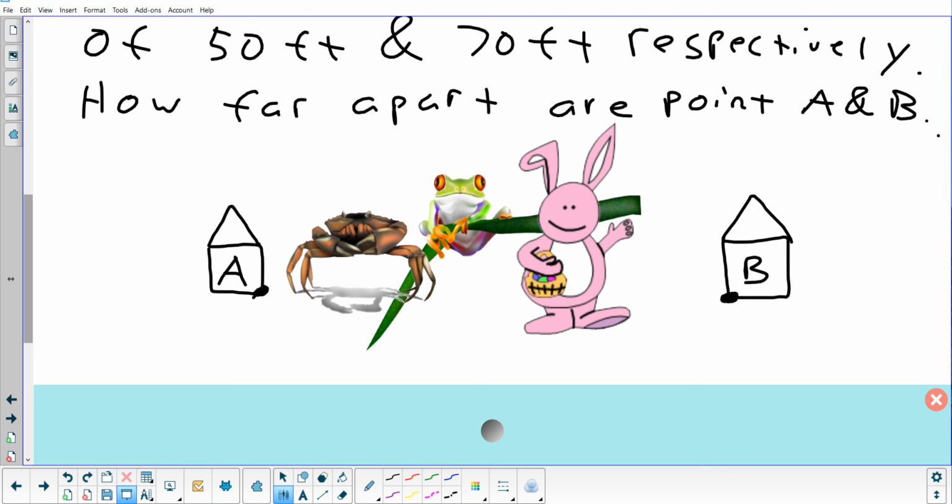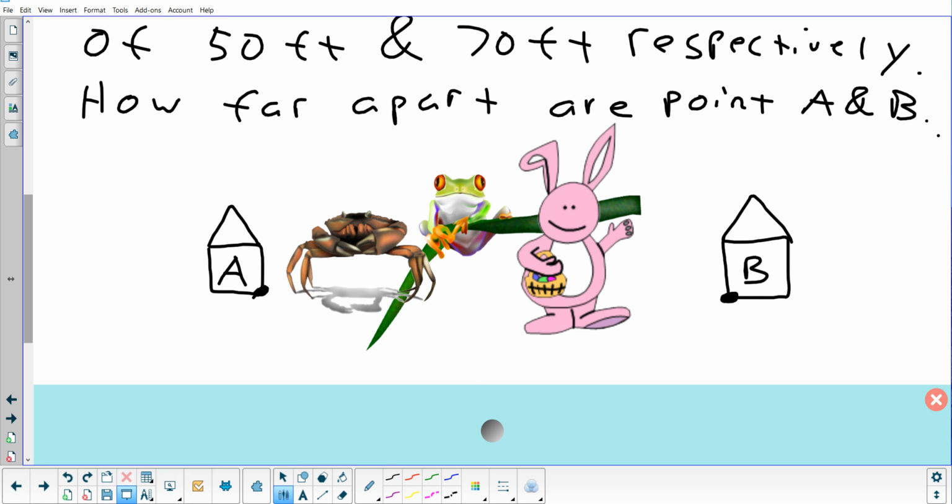First of all, we've got poisonous tree frogs. You get over there and they spit on you, whatever they do, you're poisoned. The other thing we have is giant spider crabs. Those things are huge, up to like 7 feet. You don't want to get anywhere near them. And then we have the Easter bunny. So we don't want to go in between the houses.